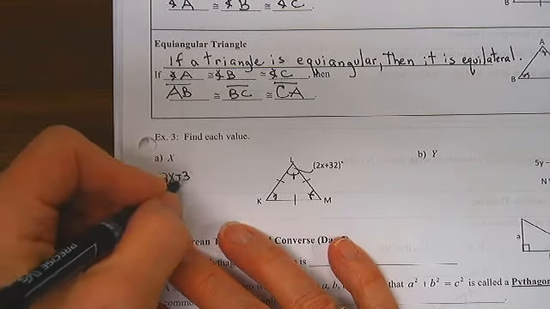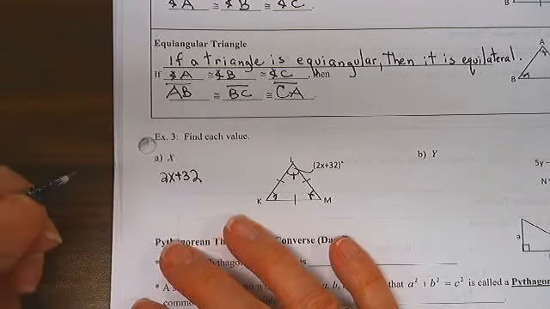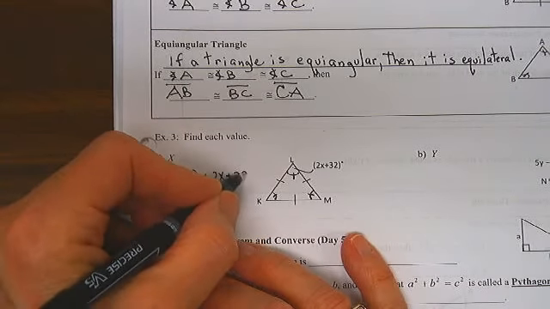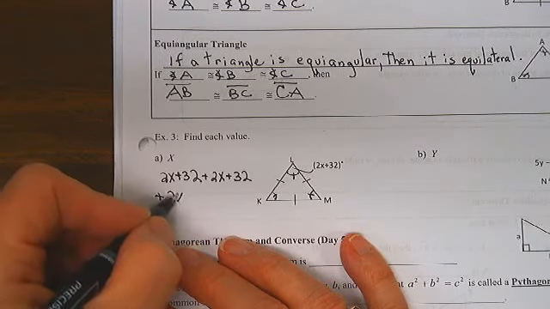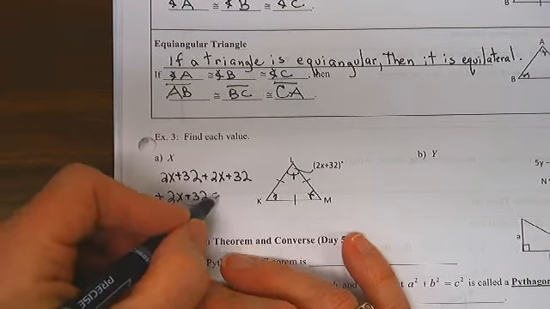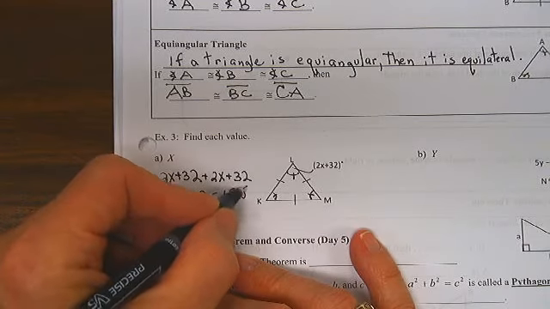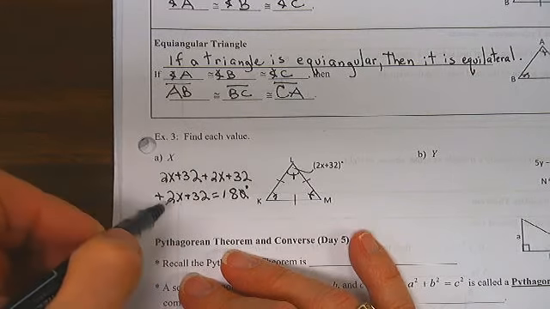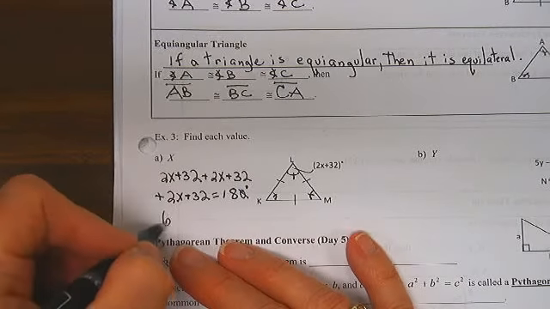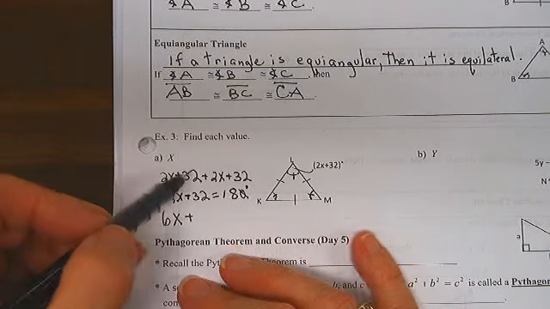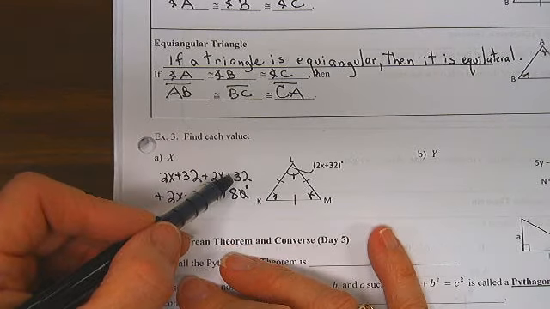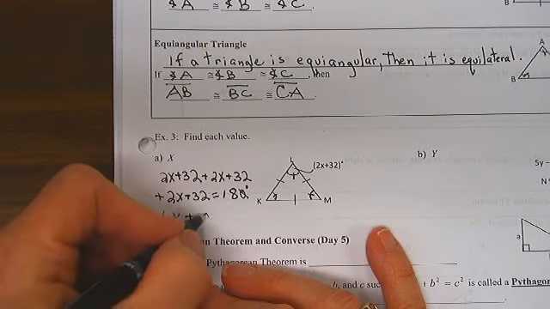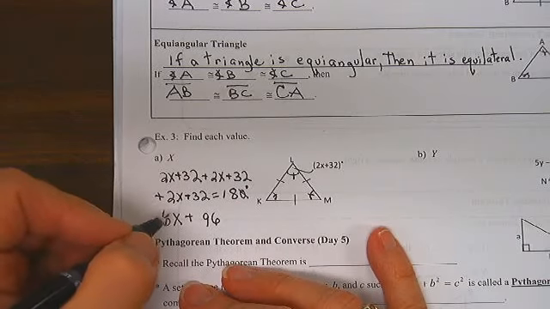2x plus 32 plus 2x plus 32 plus 2x plus 32 equals 180 degrees. 2x plus 2x plus 2x is going to give us 6x, plus 32 plus 32 is 64, plus 32 is 96, I hope.